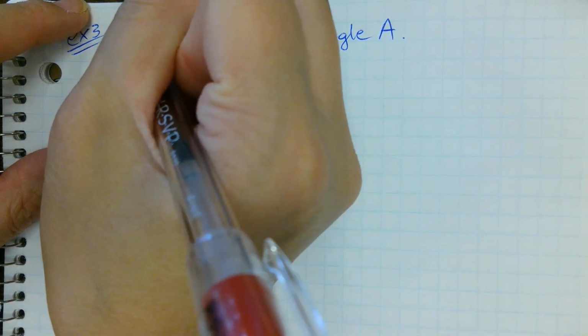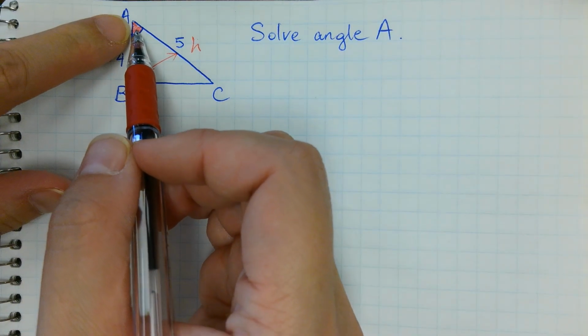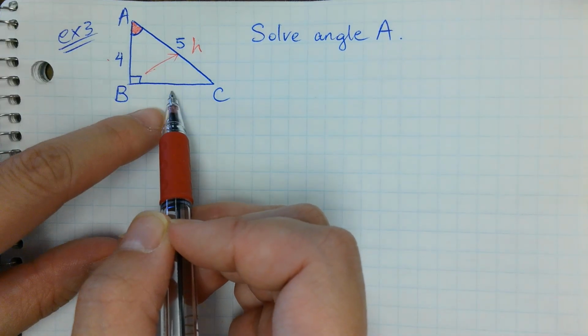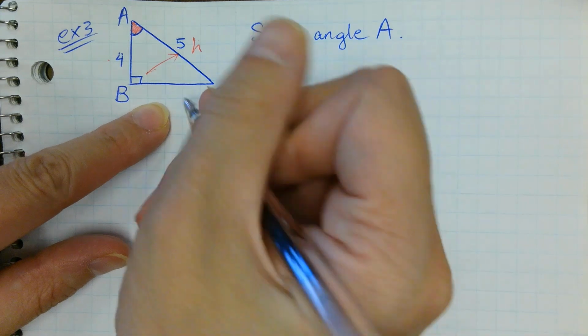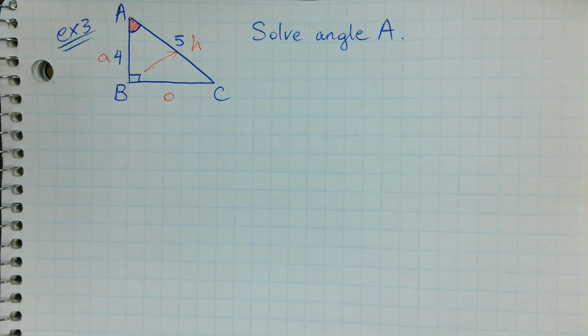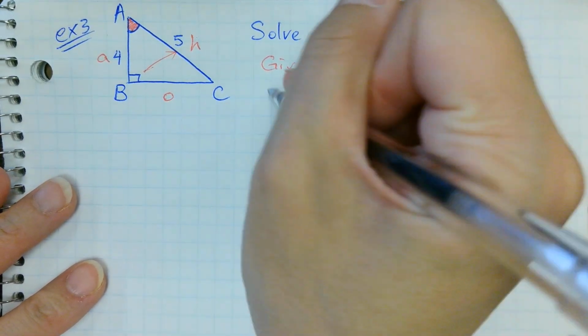I'm looking for this angle, which means I am looking from this angle. So now that you know this is the angle that I'm looking from, this side that's across from it is opposite, which means this is adjacent. Okay. What are you given? What are you finding?